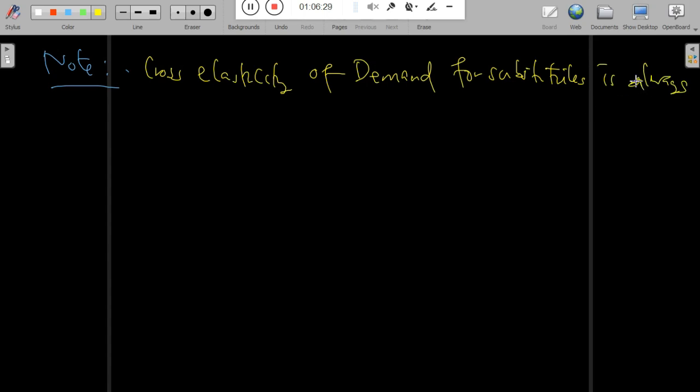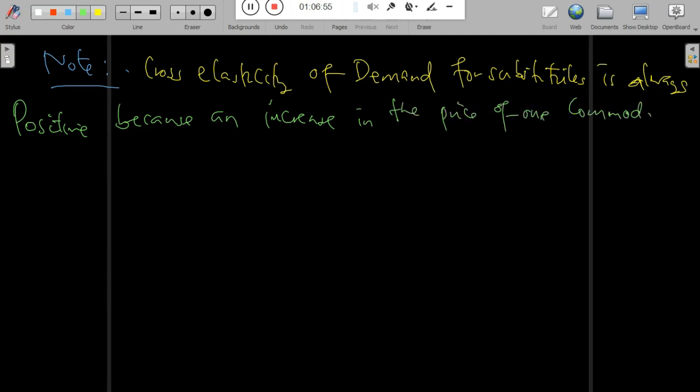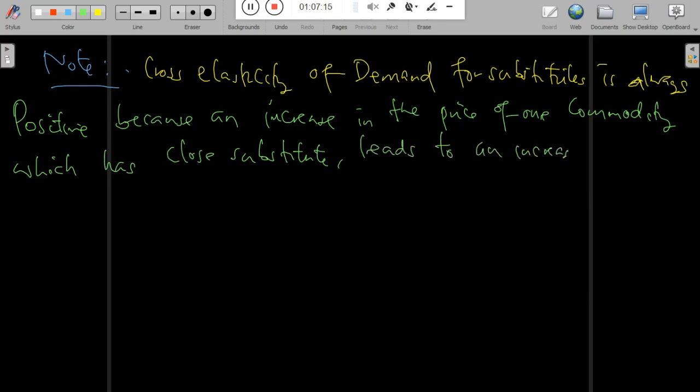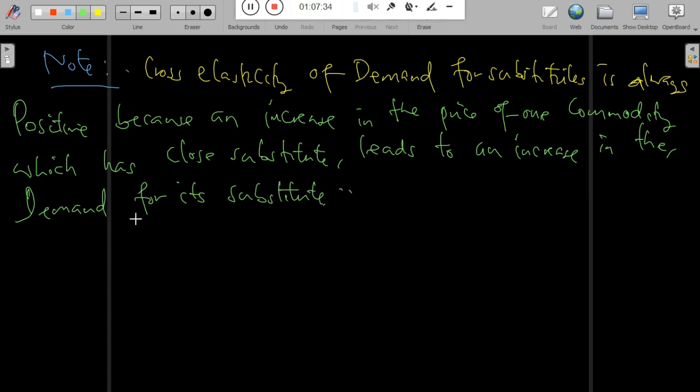Something to take note of under the cross elasticity of demand is that the cross elasticity of demand for substitutes is always positive, because an increase in the price of one commodity which has a close substitute leads to an increase in the demand for its substitute.